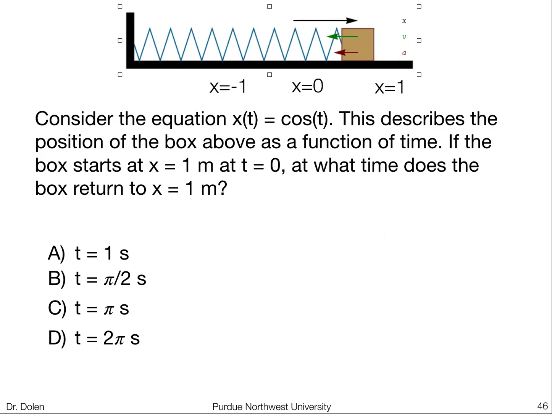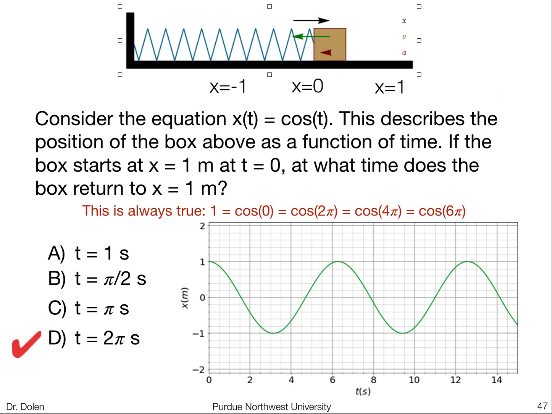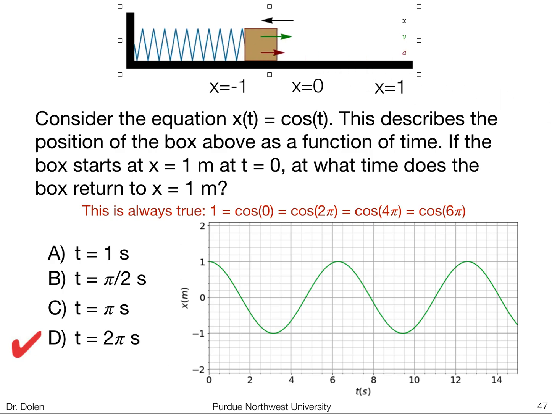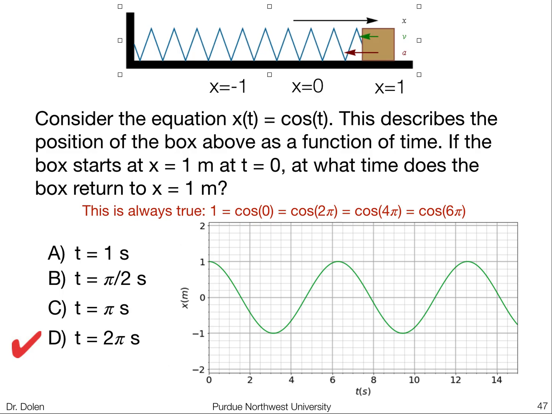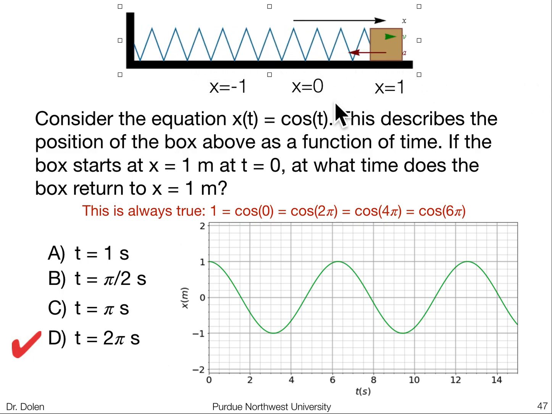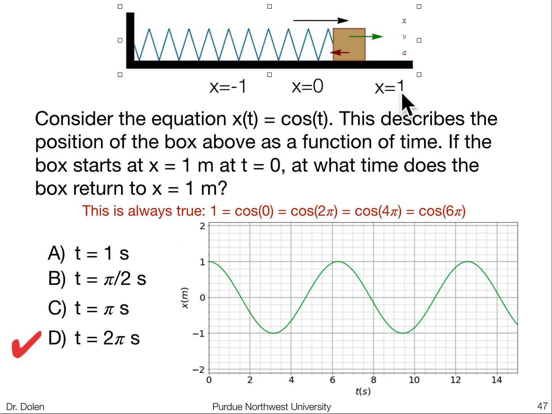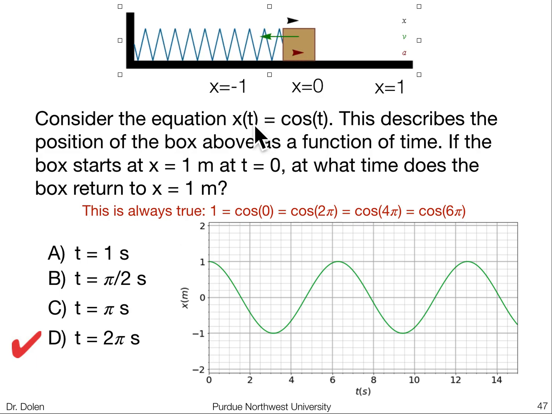Okay. So the answer here is D. This box is going to return back to its original position 2 pi seconds later. How do we know that? I know that at its maximum position at x equals 1 meter, it must be that cosine of 0 is equal to 1.